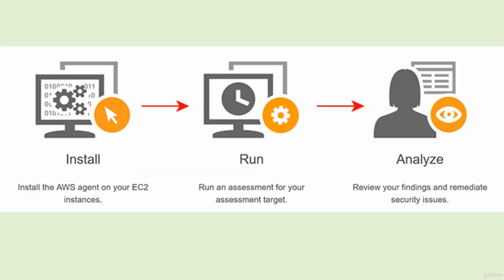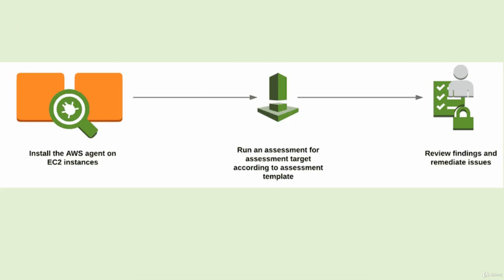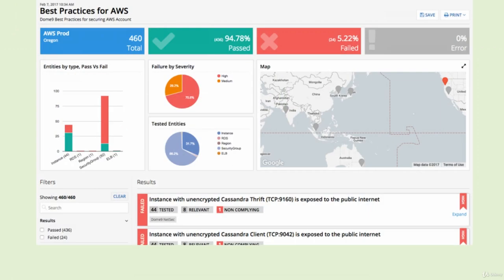You get three options where you have to first install the AWS agent on your EC2 instances. Then you have to run your assessment for your assessment target. Then you have to analyze and review all your findings, and remediate security issues. You have to install the AWS agent on EC2, run the assessment for Amazon Inspector, and review the findings, and so on.